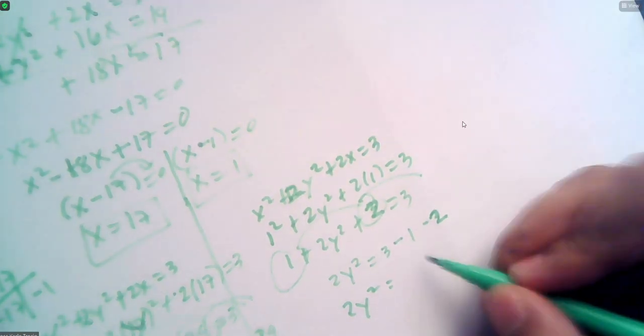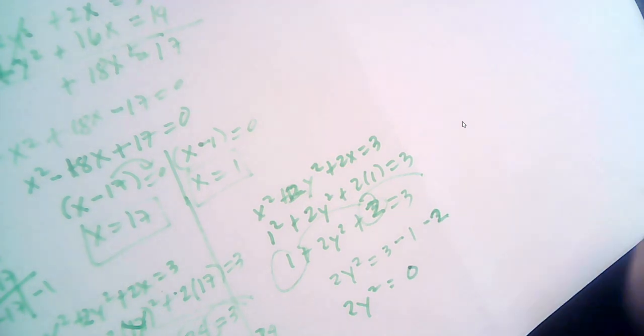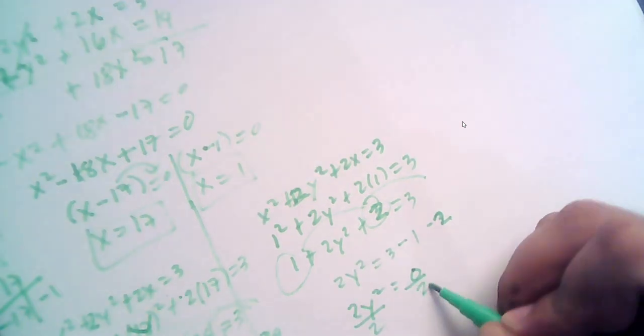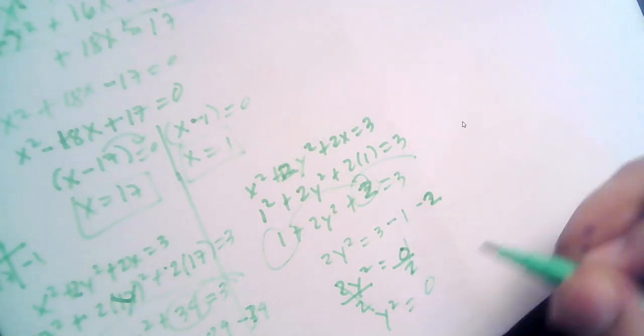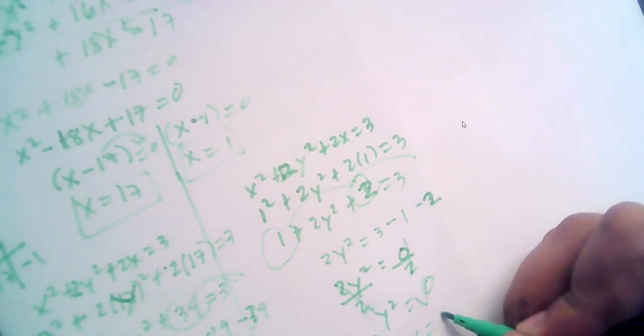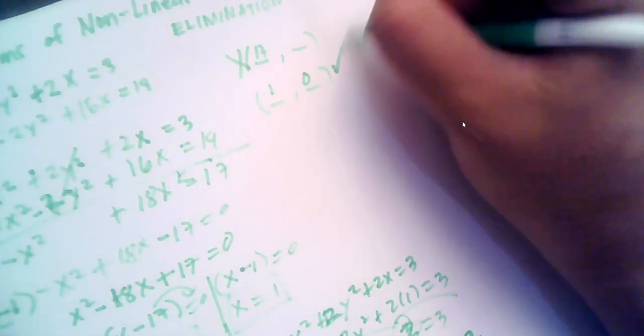Okay, that's 0. That is y squared is equal to square root 0. Square root of 0, that is y is equal to positive or negative 0, or 0. So that is 1 and 0. So this is our solution.